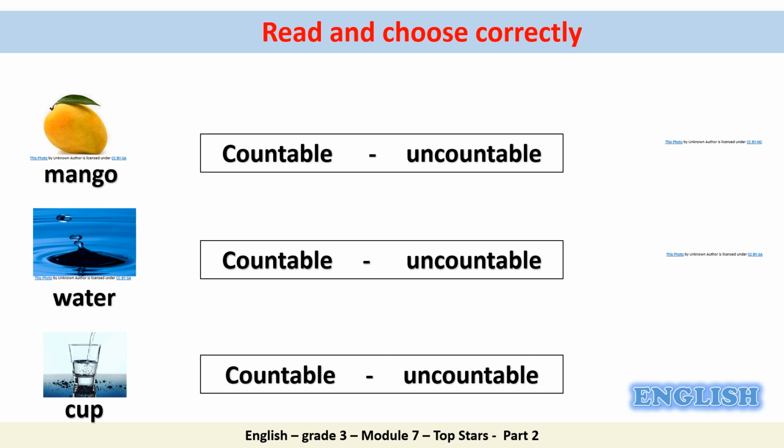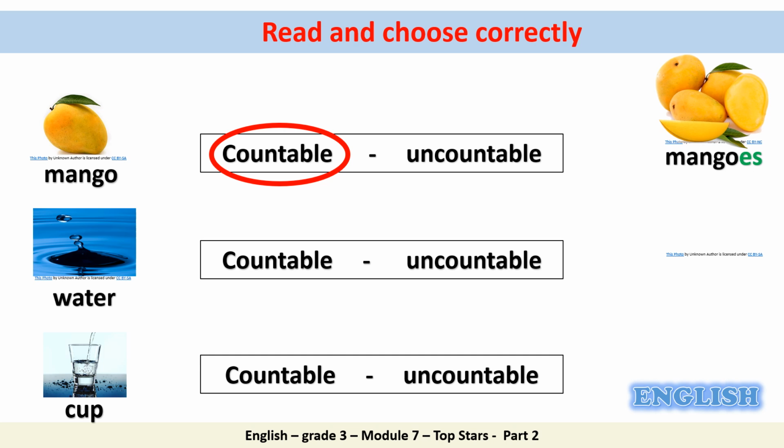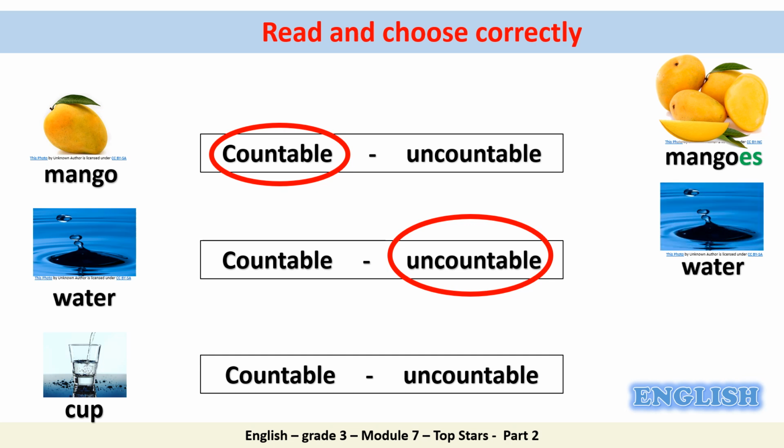It is a countable noun. Very good. I can say, I can see 4 mangoes. Number 2. Water. It is an uncountable noun. Amazing, because I cannot count the water.